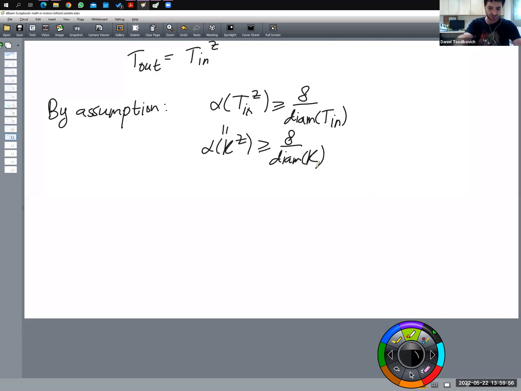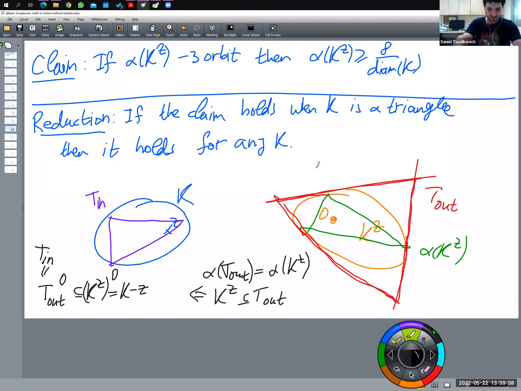And we can make a further reduction, which is also very simple, from arbitrary triangles to isosceles triangles.